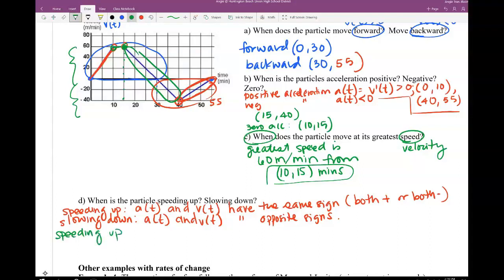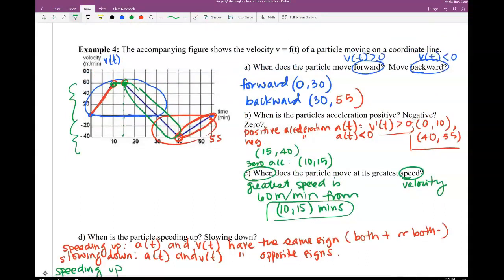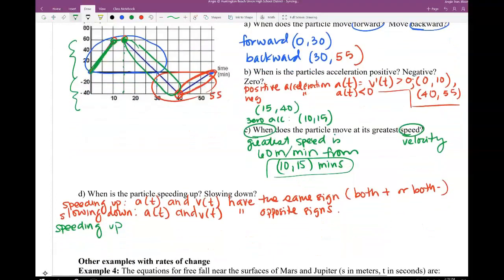Okay. So would you agree from here to here, velocity is positive because it's above the y-axis. And the slope is also positive because it's going in the positive direction. So that first piece right there would constitute speeding up, okay? So from 0 to 10.